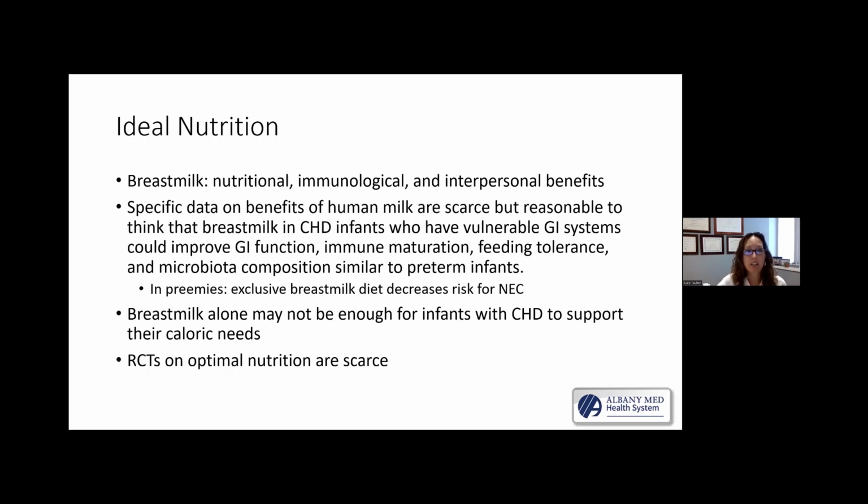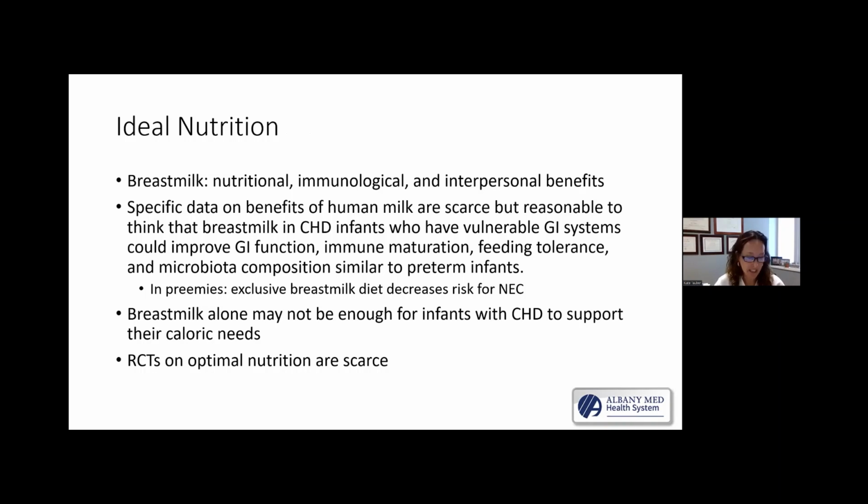So ideal nutrition in these infants, as we all know, breast milk is one of the most important sources of ideal nutrition for any infant, but particularly in infants with critical illness. So it has nutritional and immunological benefits, as well as interpersonal benefits. It allows for mother and babies to bond during breastfeeding.